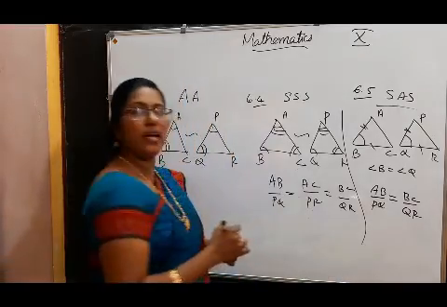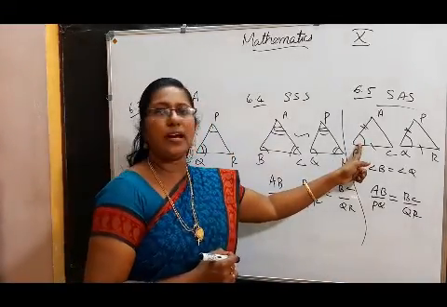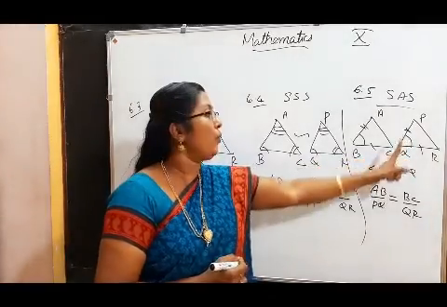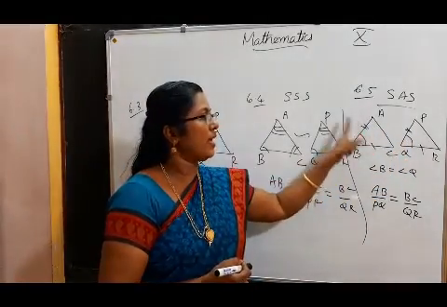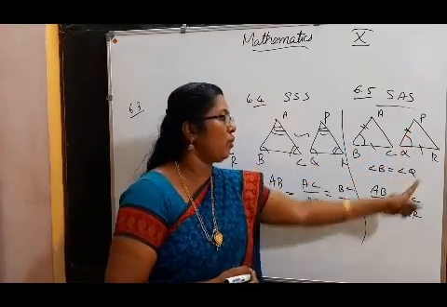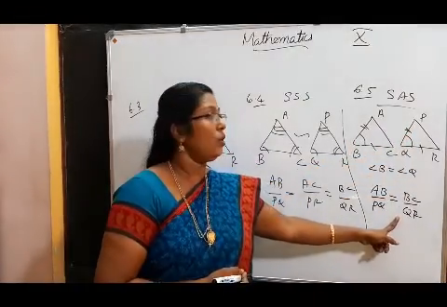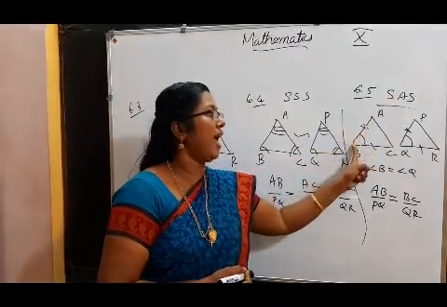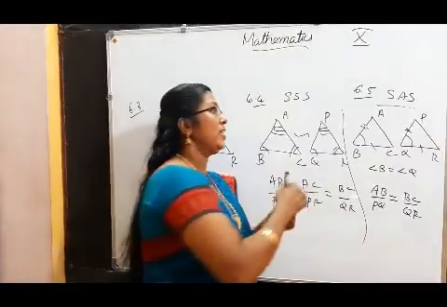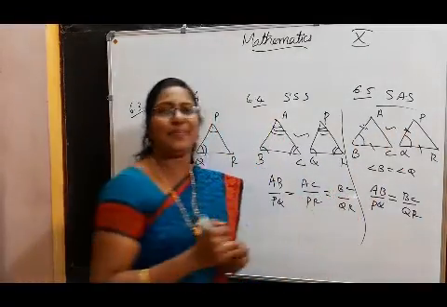Here one angle of a triangle is equal to one angle of another triangle, and the included sides, AB and BC, and PQ and QR, are in the same ratio. By SAS, side angle side, similarity criterion, we can say that these two triangles are similar.